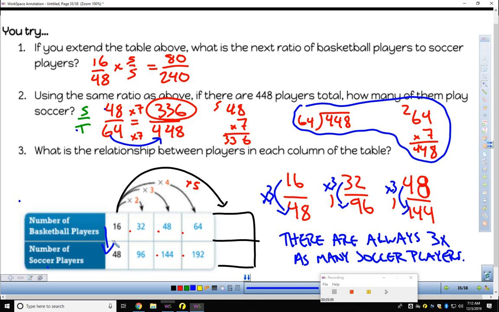So I rewrote these ratios just to give myself some space, and I found 16 over 48, 32 over 96, 48 over 144, all had the same relationship of times 3. 16 times 3 is 48. 32 times 3 is 96. 48 times 3, let's check. That's 144. And that's how I got this, that there are always 3 times as many soccer players.